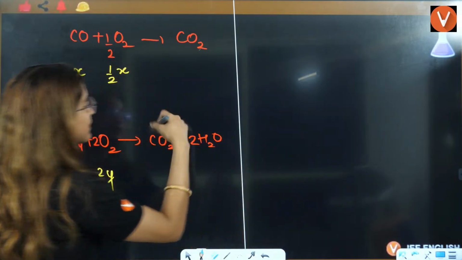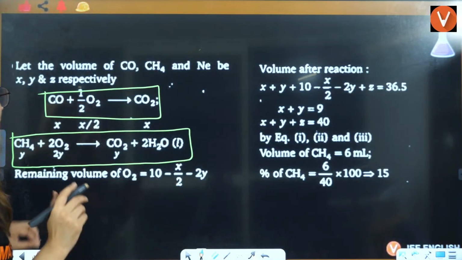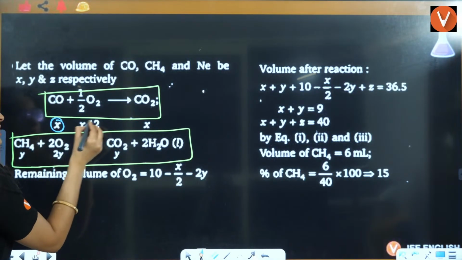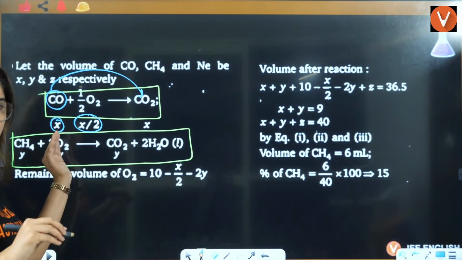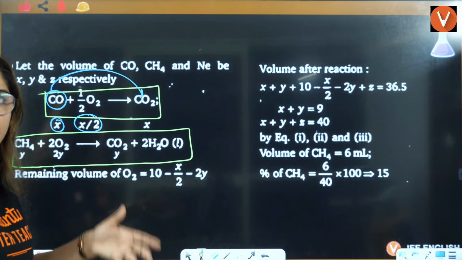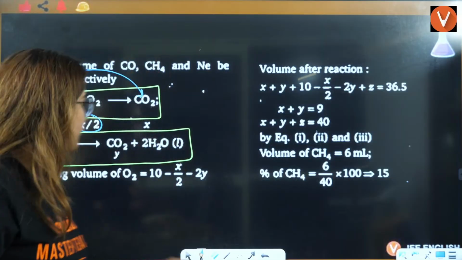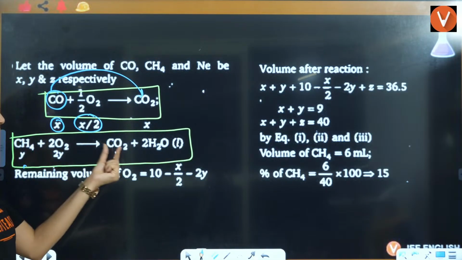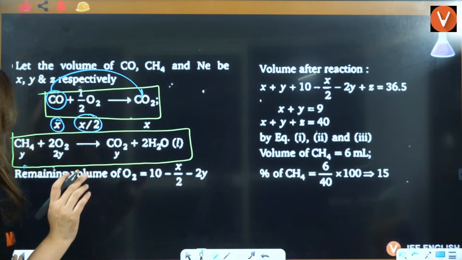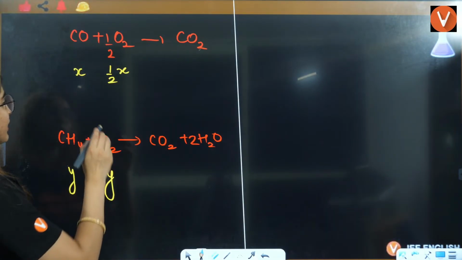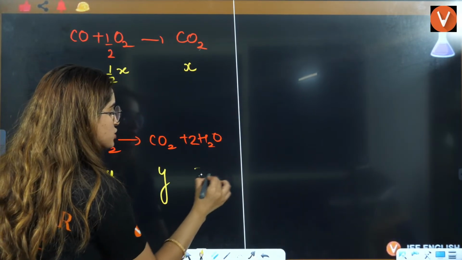After the reaction, this is the combustion reaction, and this is also a combustion reaction. Same amount of CO2 will be formed because you have X only. Because carbon is 1, 1 carbon dioxide will be formed. If you have 1 CH4, then 1 CO2 will be formed, because 1 carbon gives 1 carbon. So we can say this will be X here, and this will be Y, and this will be 2Y.